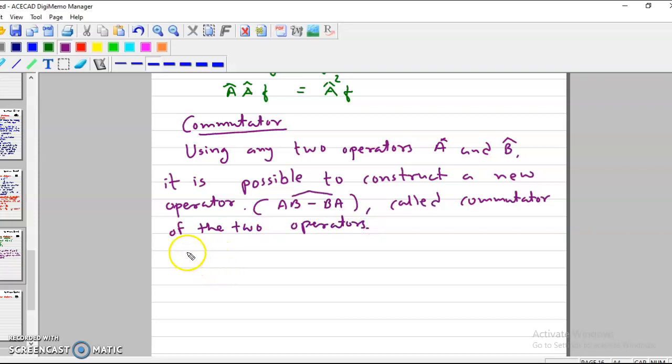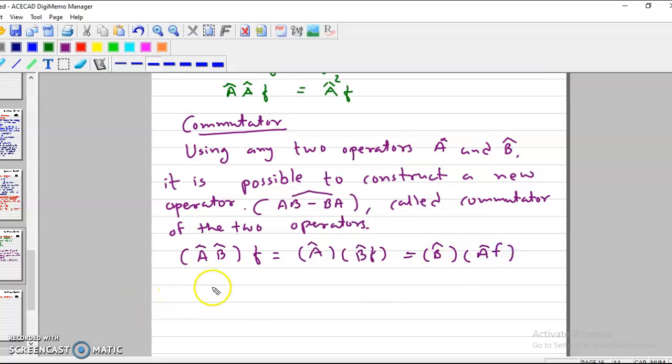For example, if we write [A, B] f, then we write A as constant and B as operation, or it is equal to B as constant, A into f. Here operators A and B are usually written as [A, B].